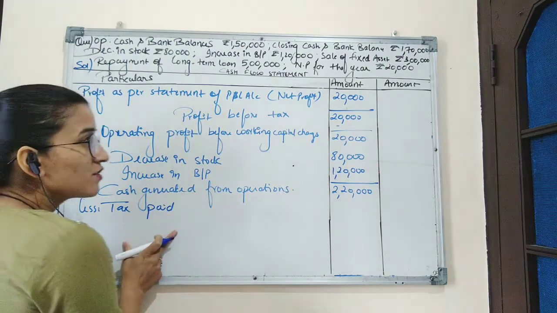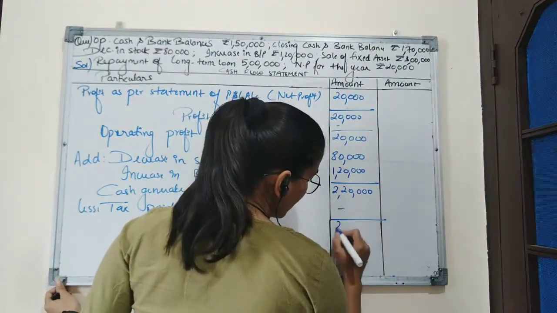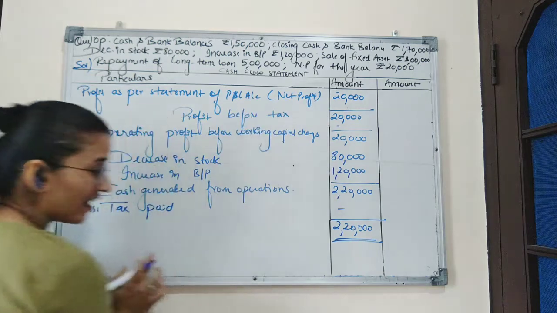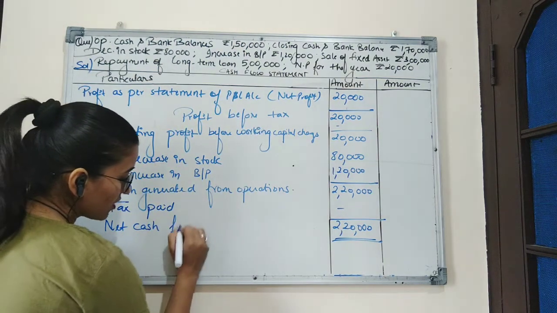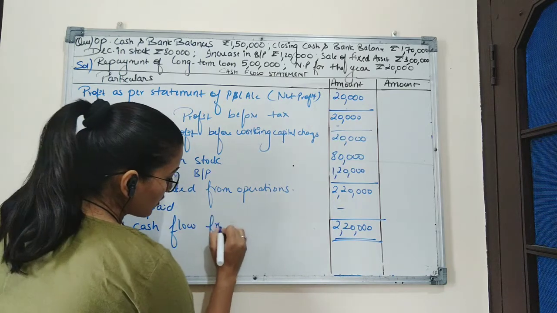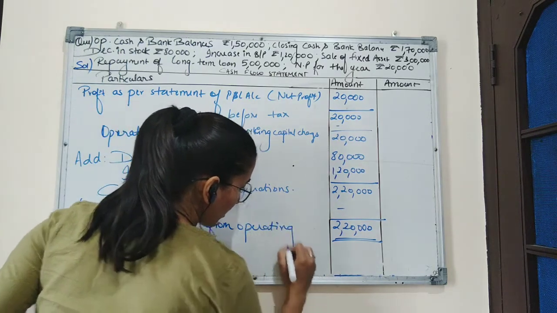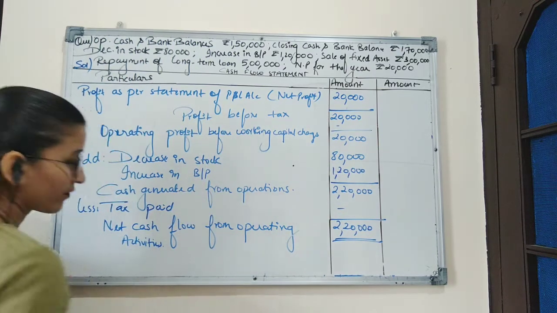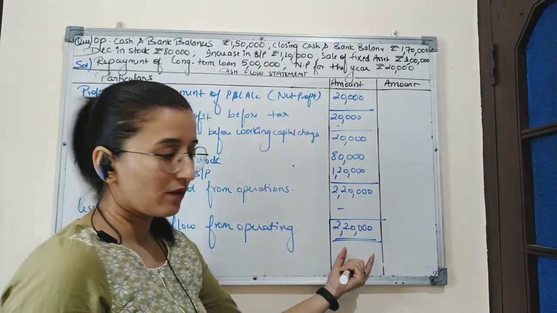As there is no tax paid amount given in the question, the amount we will get at last will be net cash flow from operating activities. So this is the amount of cash flow from operating activities.